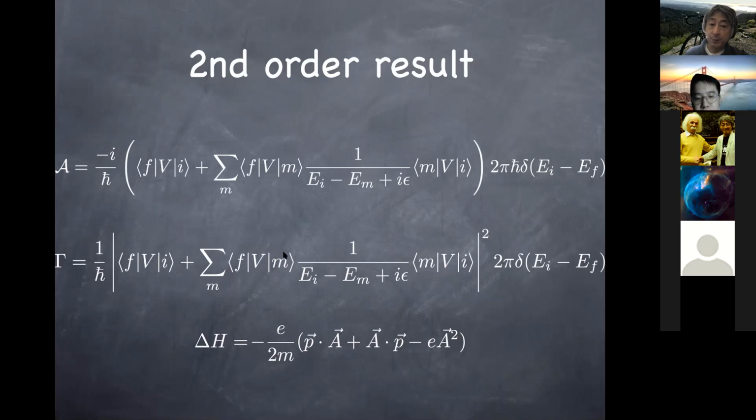Then from the intermediate state with 1 photon, again using the first 2 terms of the interaction Hamiltonian, I create yet another photon, so that there are 2 photons in the final state, decaying to the 1s state. So I need both pieces to compute the 2s to 1s decay. That's what we're going to do. Any questions about this?